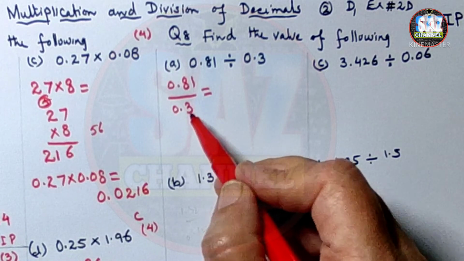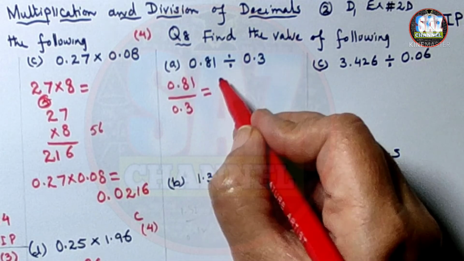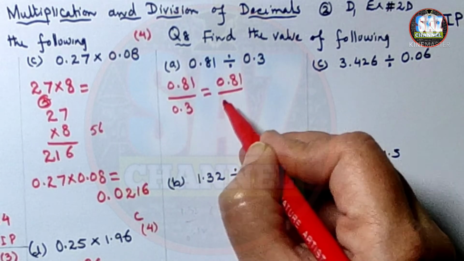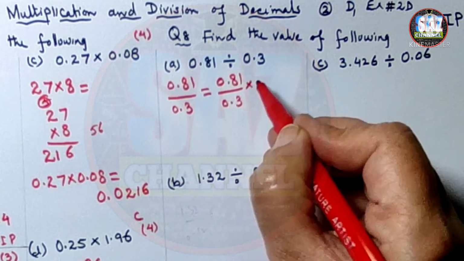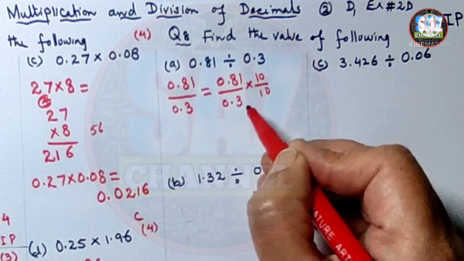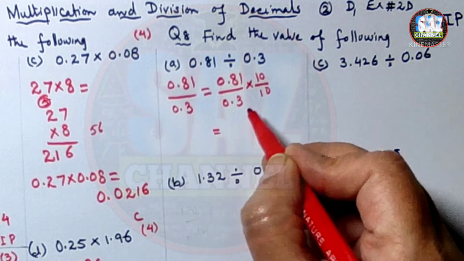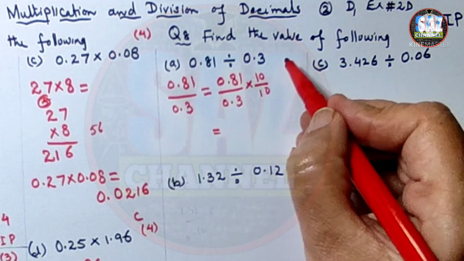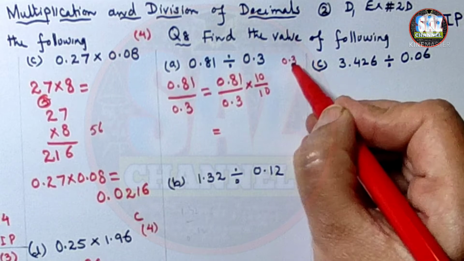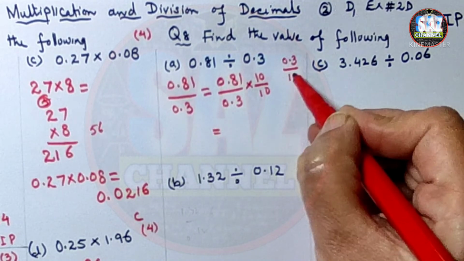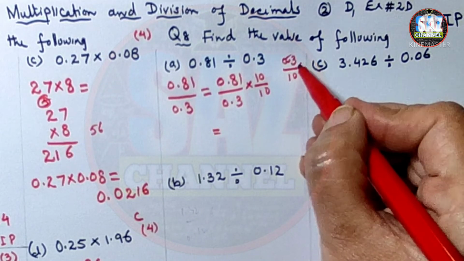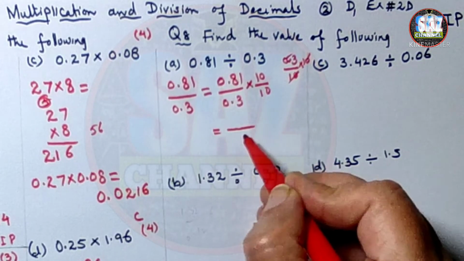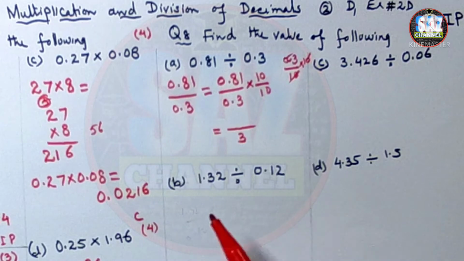So what we have to do, we can easily multiply and divide the whole fraction by 10. 0.3 multiplied by 10 over 10. Now the denominator will become, when I am multiplying 0.3 by 10, those who are finding difficulty in this way, they can learn the removal of the decimal as well. And this 10 goes with 10, and denominator becomes 3 only.